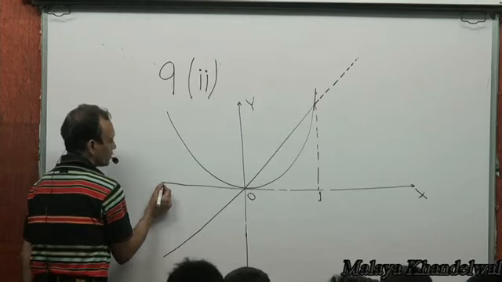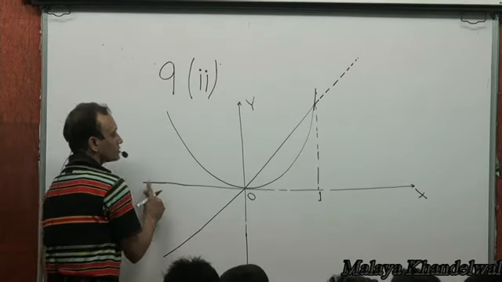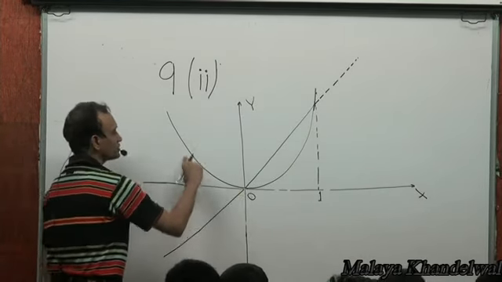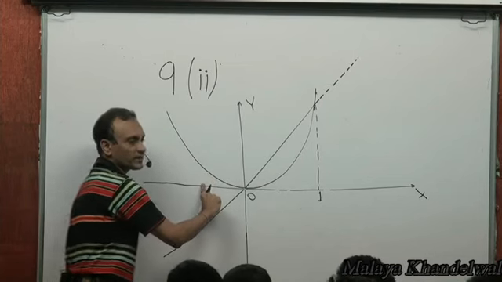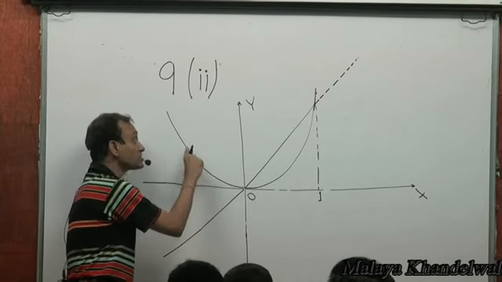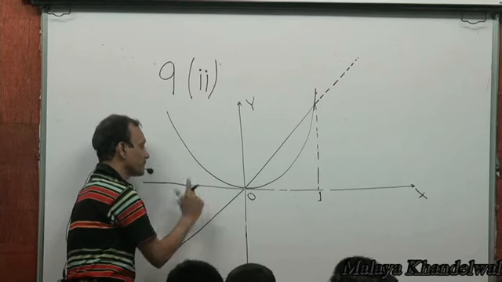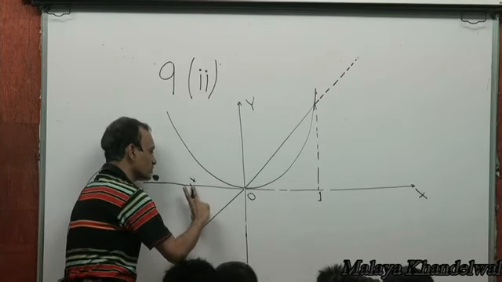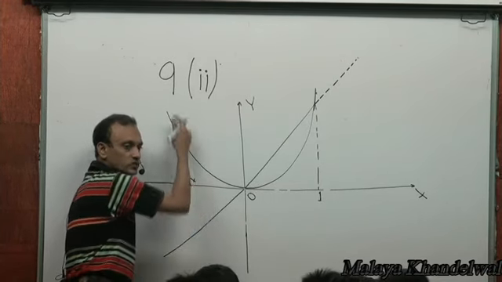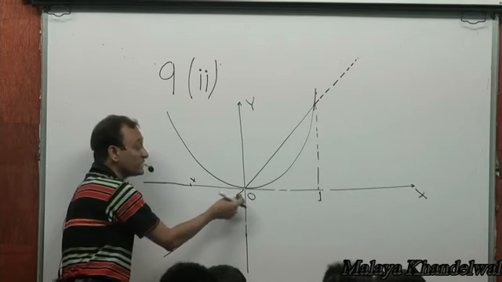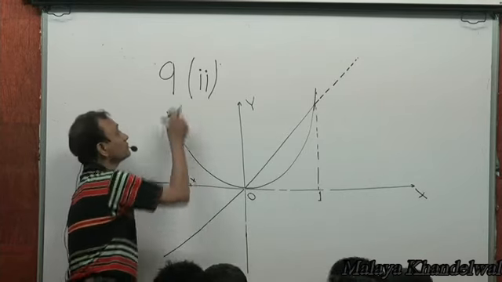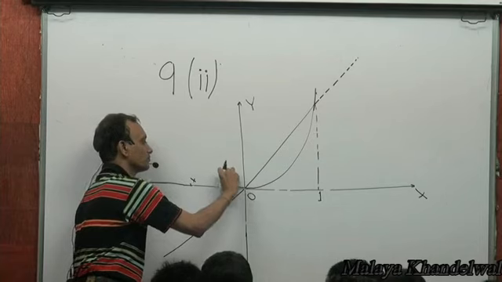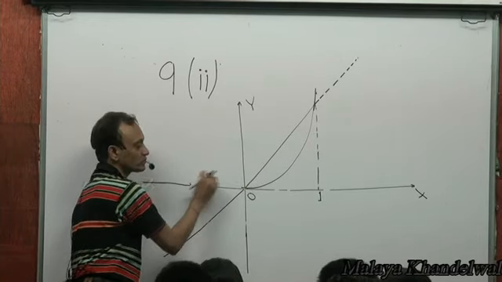Now, in minus infinity to 0, which is bigger, x square or x? X squared, because it is positive, while x is negative. So retain the one which is smaller, the minimum, and remove this.